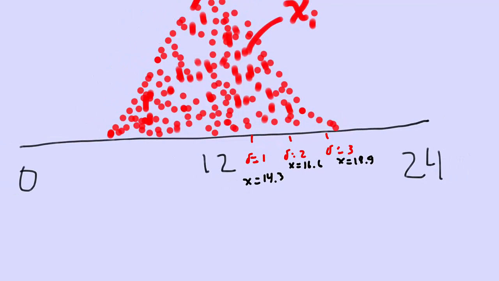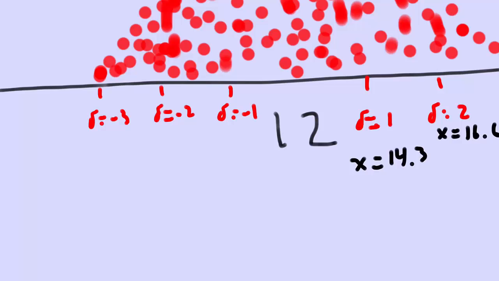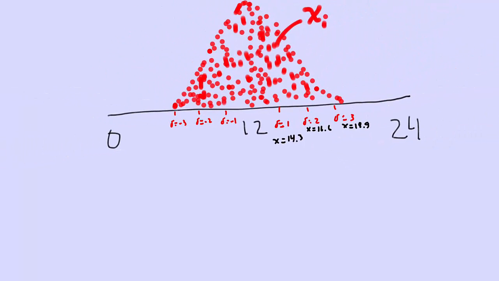The same thing to the left. I'll zoom in again. That's going to be roughly sigma equals negative 3, sigma equals negative 2, sigma equals negative 1. And you can calculate those for yourself.